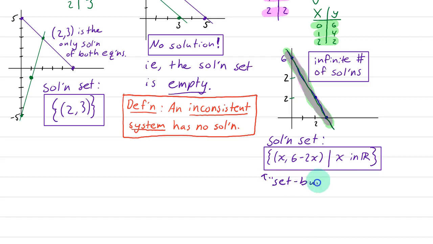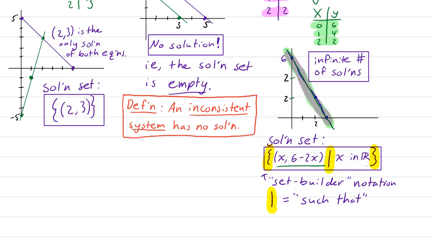And the way to read set builder notation: there are the braces, and then this line in the middle, and think of that line as meaning "such that."